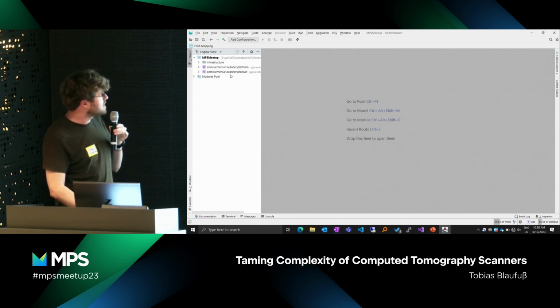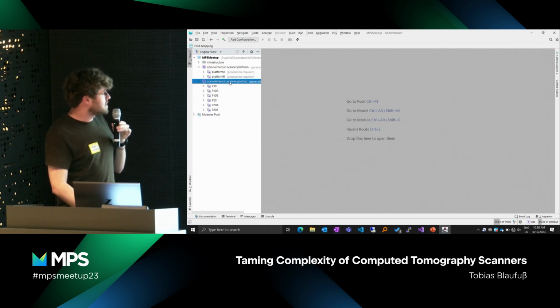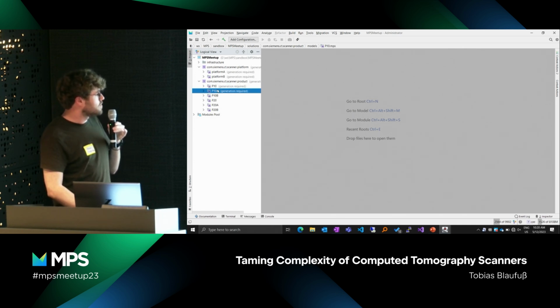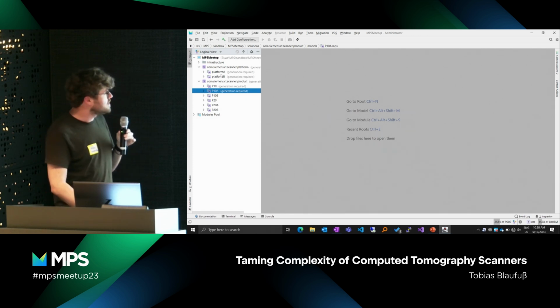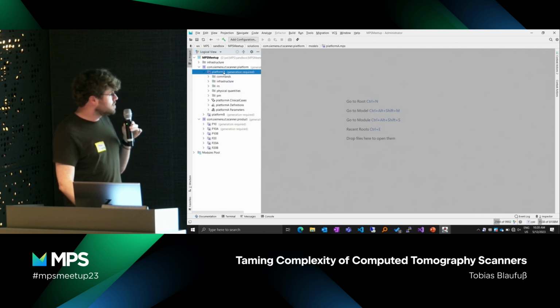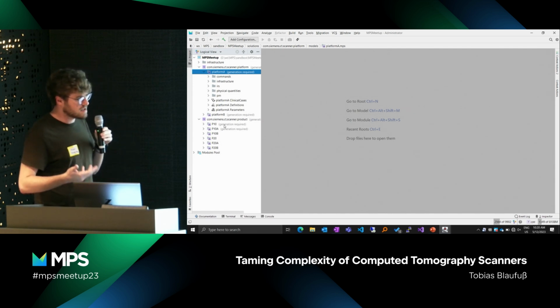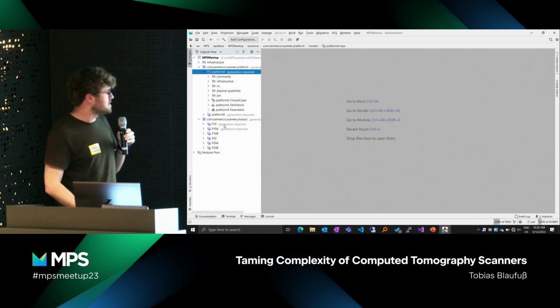So if we open this up, in platform we have platform A and B, and in scanner product, families are indicated by these three characters, and products with these suffixes. And the idea here is to define everything that should be possible inside a platform from a technical standpoint on the top level. And then you can restrict your definitions based on what is actually possible on the final system.